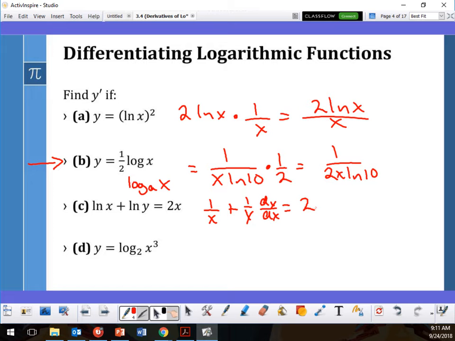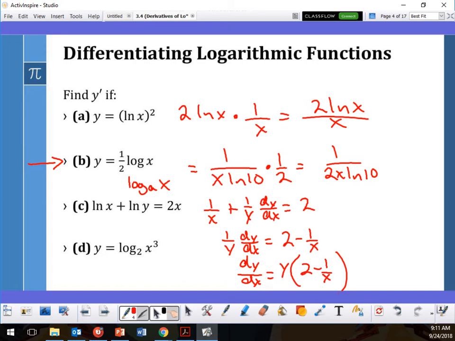So 1 over y dy/dx equals 2 minus 1 over x, and then multiply both sides, so dy/dx equals y times the quantity 2 minus 1 over x.